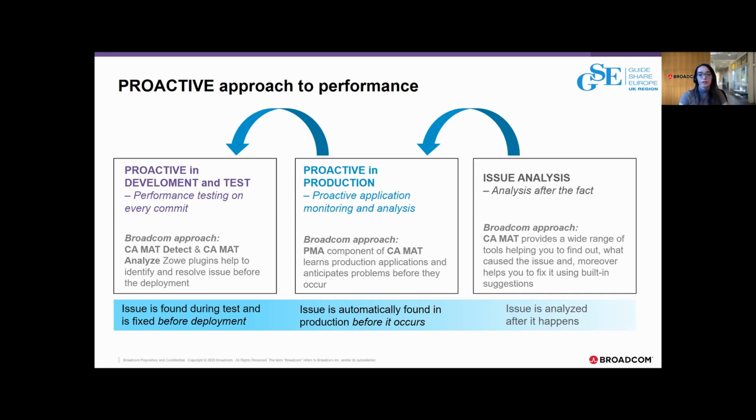For that reason, we use the same product, the same component, PMA, for monitoring on the testing system, but we provide different APIs, a different way to access this data, and this changes the whole user experience, and we will show how exactly.